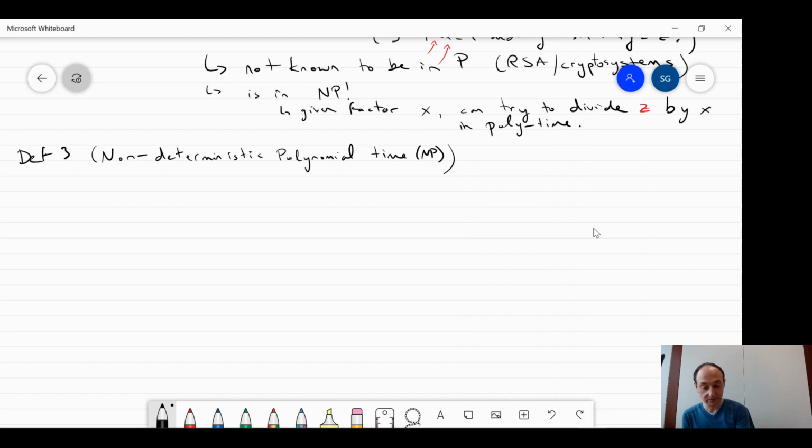Okay, so let me give this definition. It's going to be very similar to the one for P, except we're going to add in a proof now, which will be verified. So again, a language L is in NP if there exists a deterministic Turing machine M, and now I need two fixed polynomials.